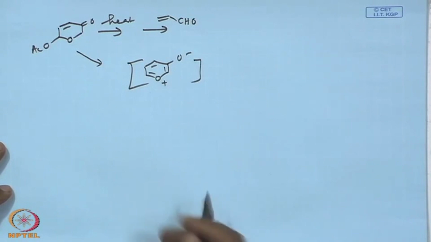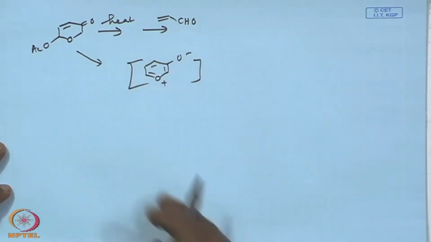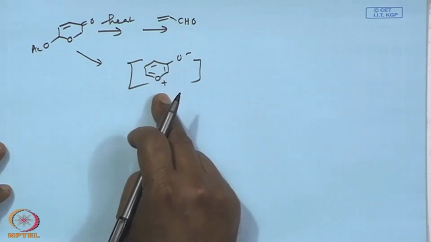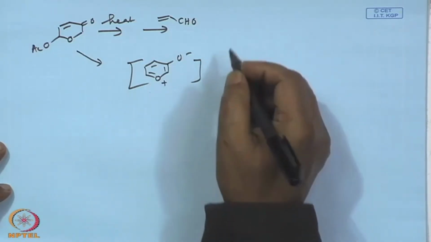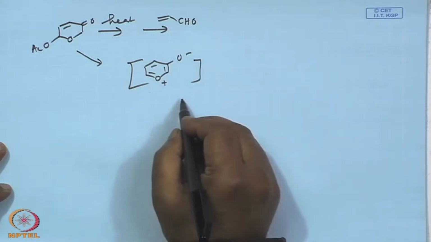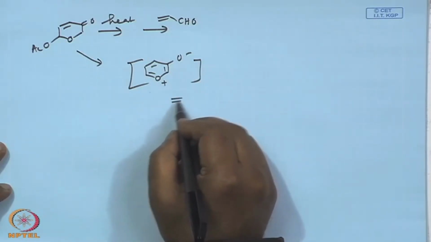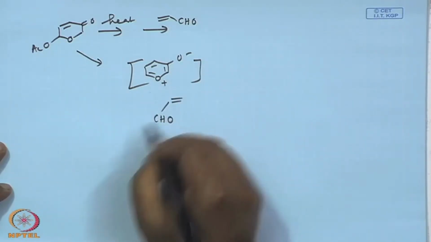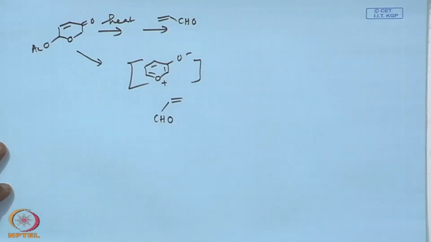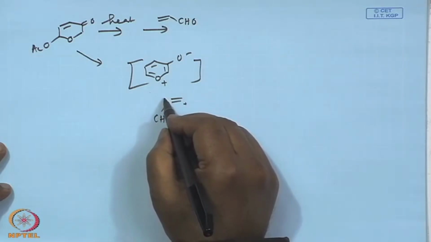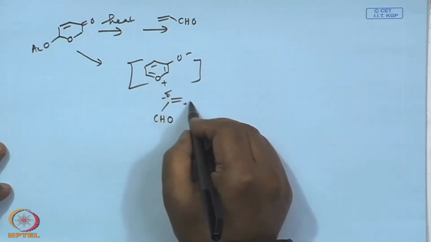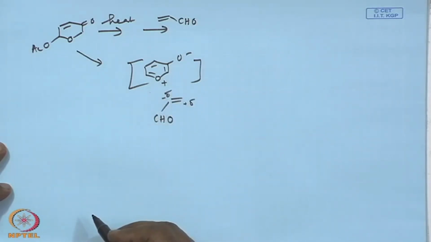Fine. Now, let us look at the reaction. So, if you have this kind of pyrylium cation, you can quickly see what can be done. It is easier to see if you have a well polarized double bond. That means this is plus and this is minus, because of the polarization of the double bond.